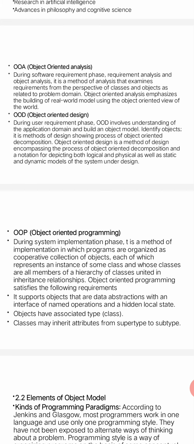For designing purposes we have to understand the application domain and also build an object model. So here we have to identify the objects. It is the method of design showing the process of object oriented decomposition. We discussed decomposition in previous classes, and in this decomposition we have to analyze in detail.